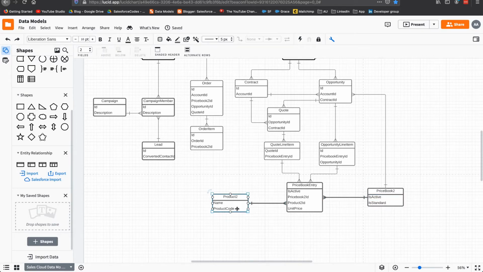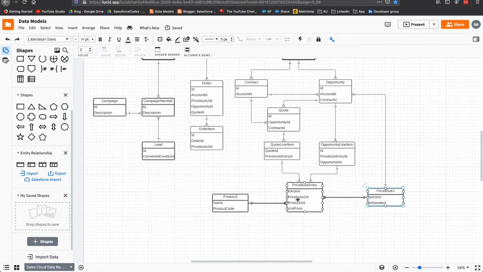One good example for a product is, say, HP computer here, and a good example of a price book is the US price book or a US wholesale price book, and then the same product can be added to different price books for different prices. So in this case, I can say I am selling the HP computer in the US for $100. The same product is being sold in India for $150 because of tax differences.